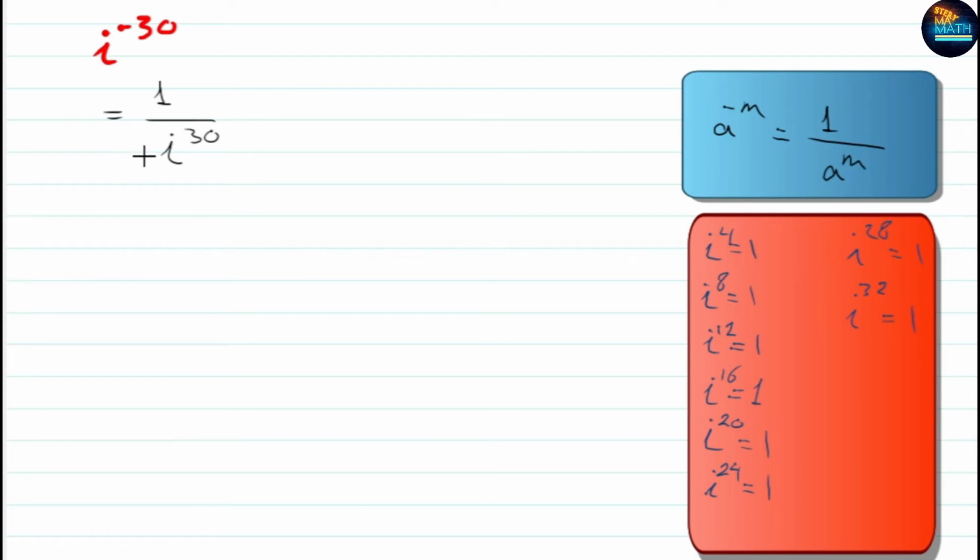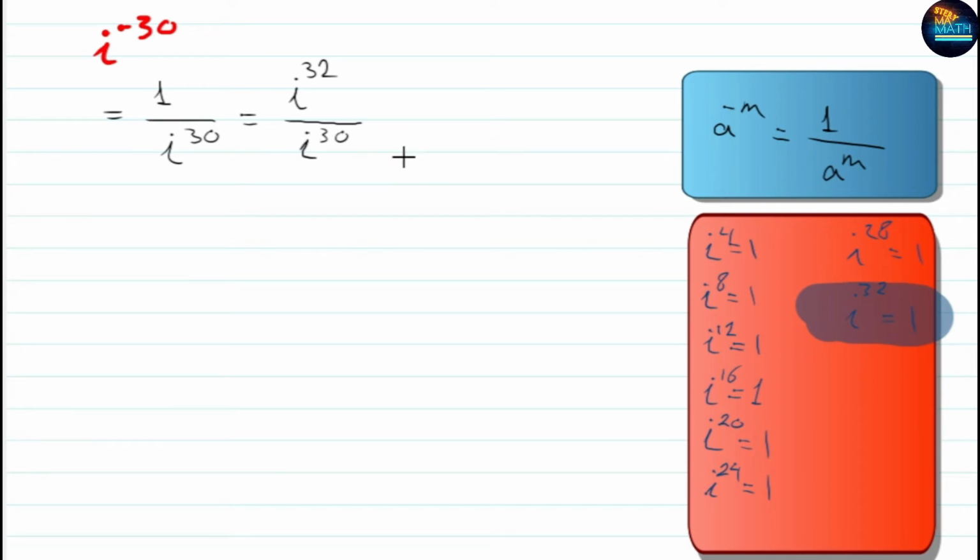All right. So let's imagine that 1 is equal to one of these. You can select i to the power of 32 because it's more than 30. So replace 1 with i to the power of 32. So it's equal to i to the power of 32 divided by i to the power of 30.